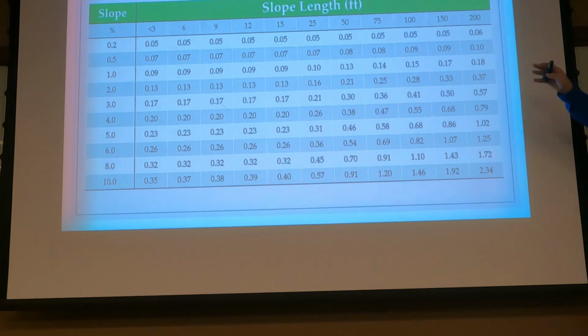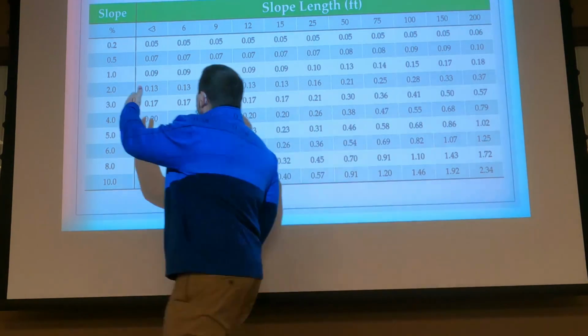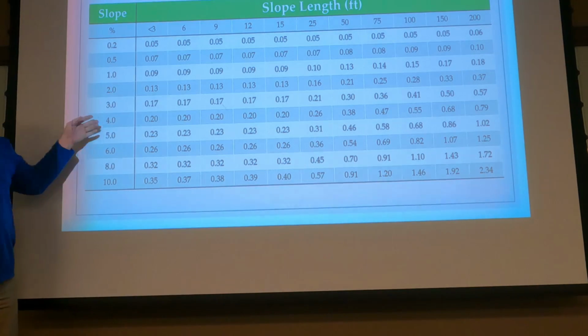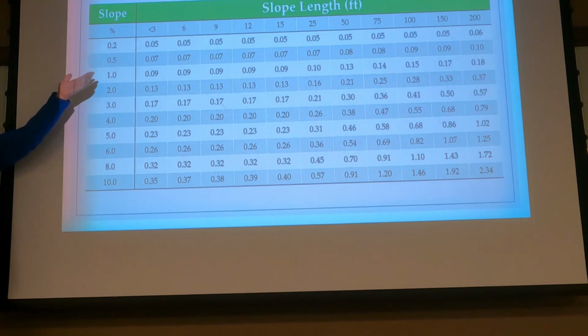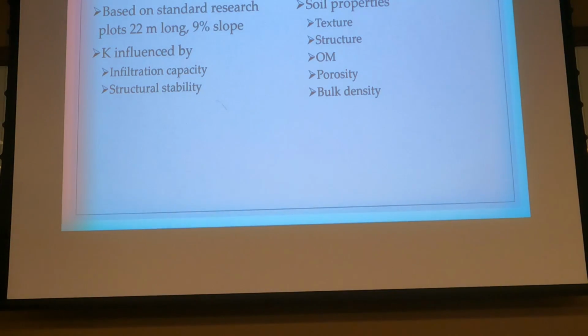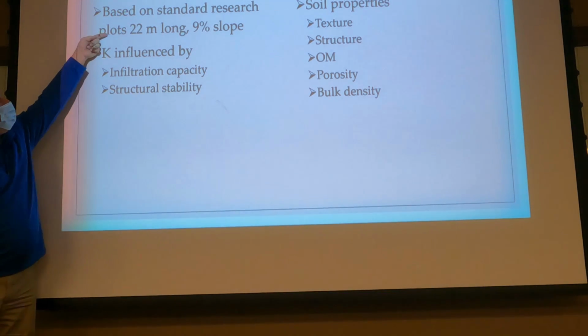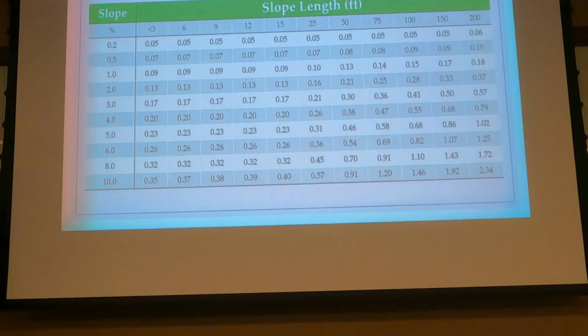During the process of finding the values, we will go in and determine what the slope is and how long it is, and there's a value associated with that. They developed that also on these 22-meter plots with 9% slopes. Not a big deal. When they found out this was a big problem, they said we need to start doing research on this.